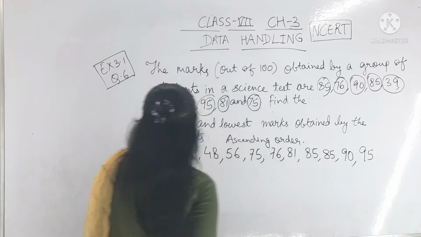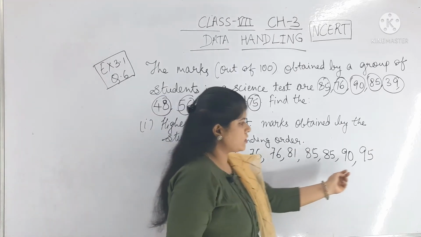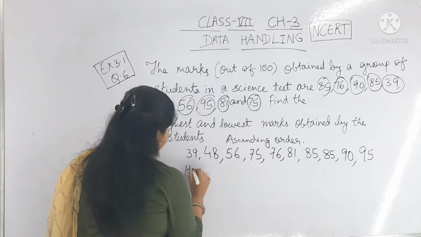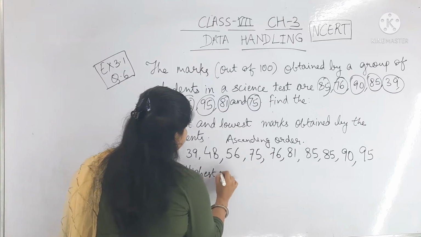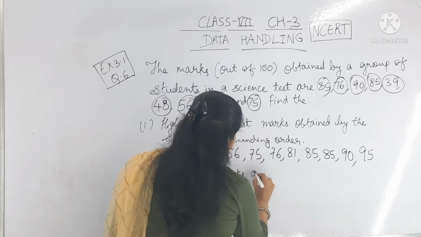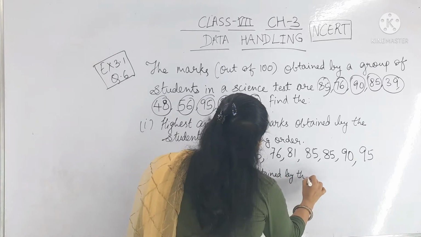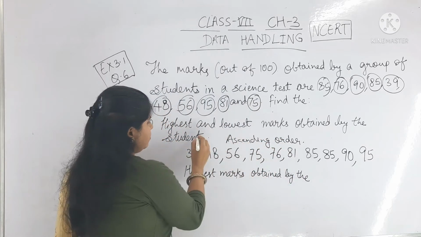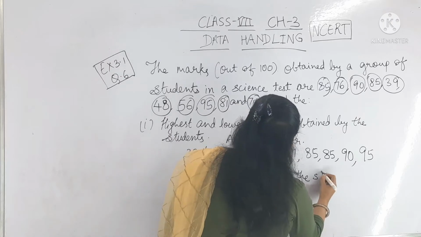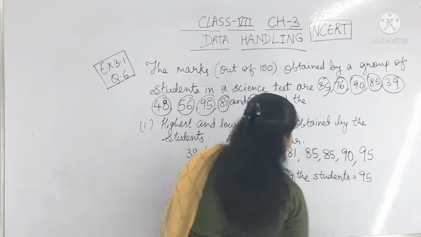So you can see that it is easy to find the highest value. Which is the highest value? It is 95. You can write the highest marks obtained by the students is equal to 95.